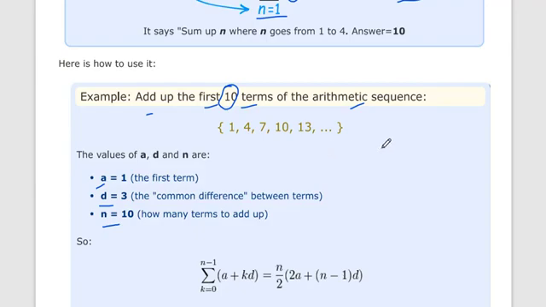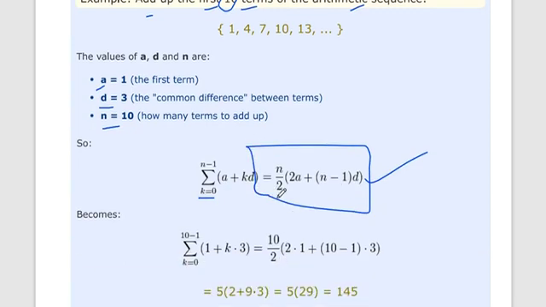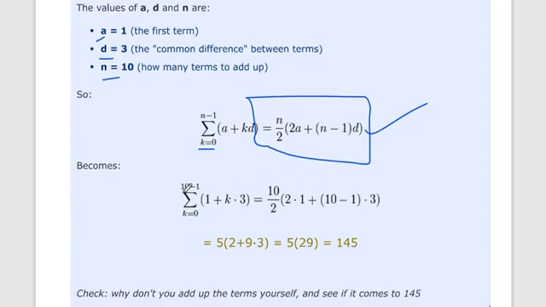So we use the formula, sigma k from 0 to n minus 1 of a plus kd, which is n by 2 times 2a plus n minus 1 into d. We put n equal to 10 and d equal to 3: 10 by 2, 2 into 1 plus 10 minus 1 into 3. With the help of calculation, we get the answer 145.